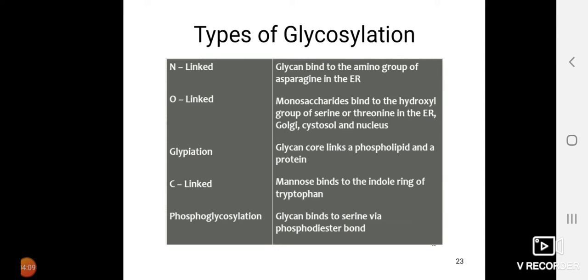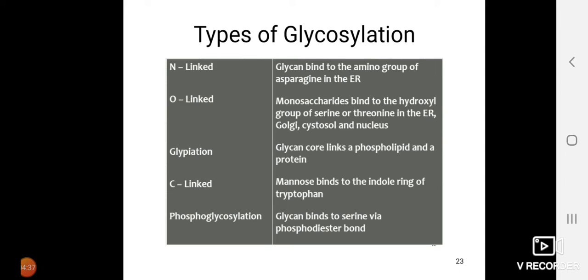Then we come across a few other types of glycosylations. That is glypiation, where the glycan units are added to phospholipids and a protein, so together it is going to link. That is glypiation, which I am going to discuss in detail later.